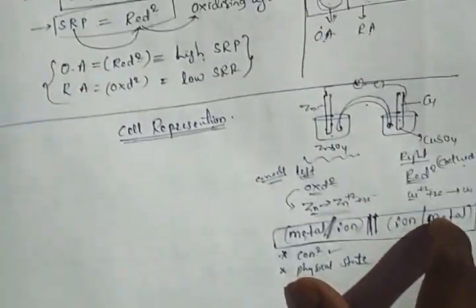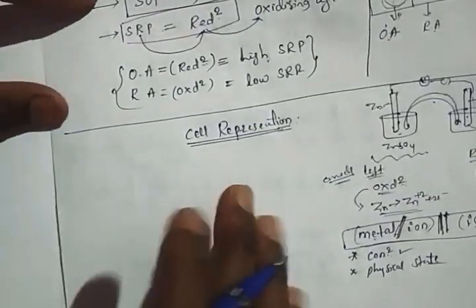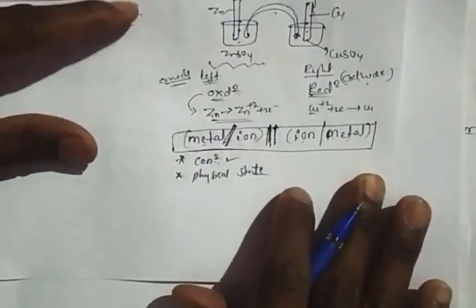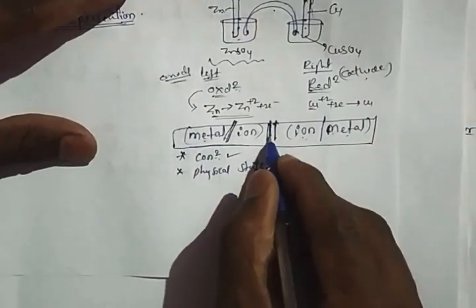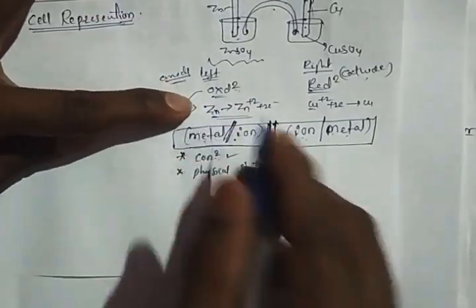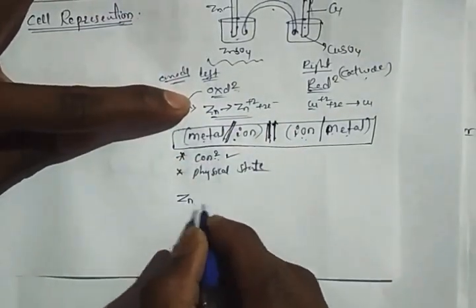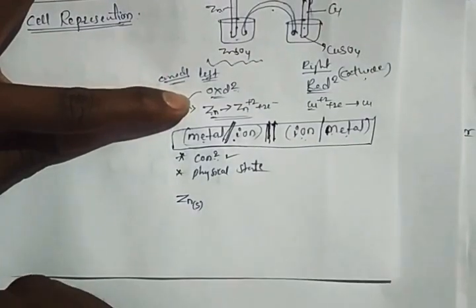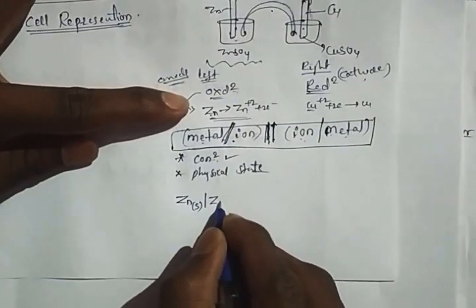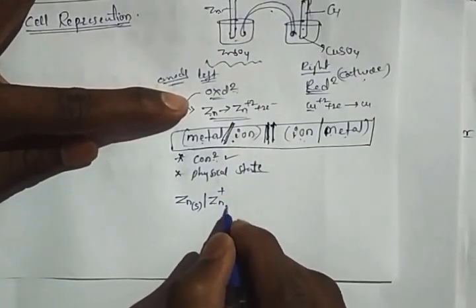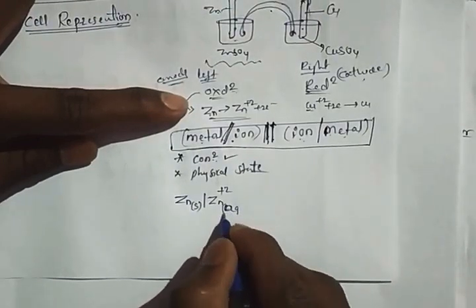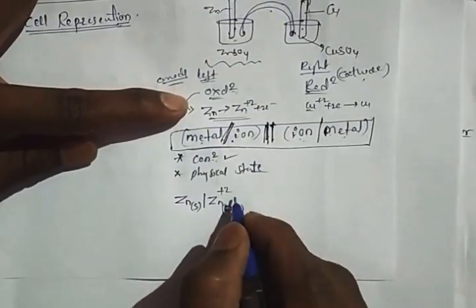Let us consider an example, the same Daniell cell representation. First, the left hand side is oxidation. Which is the metal? The metal is zinc, in solid state, right? It is converted to its ion, Zn2+, which undergoes oxidation and is present in aqueous state.